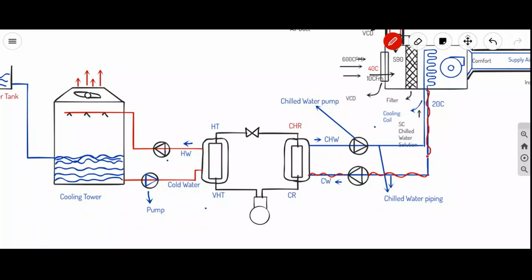Puff is polyurethane foam. Puff is polyurethane foam insulation. Mostly 99% we go with puff insulation only. Why is it the best insulation? Because the cost is low.